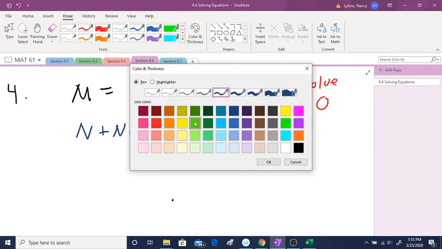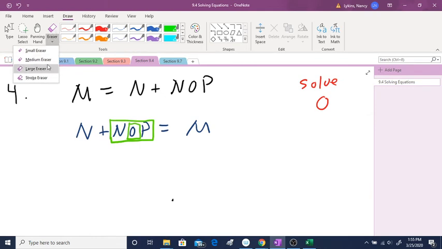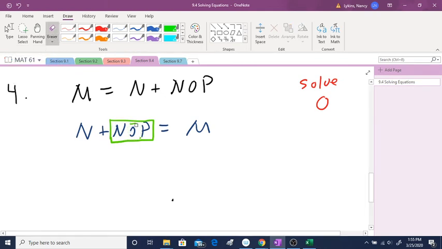Now I need to solve for my O, which is right in the middle. So really I need to protect everything, because that O is in the middle.